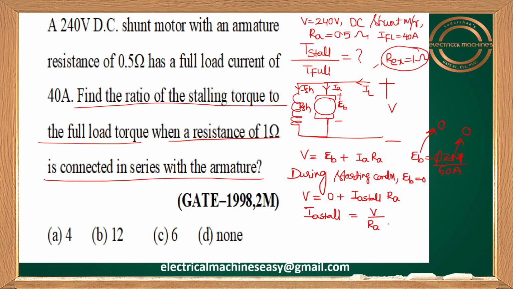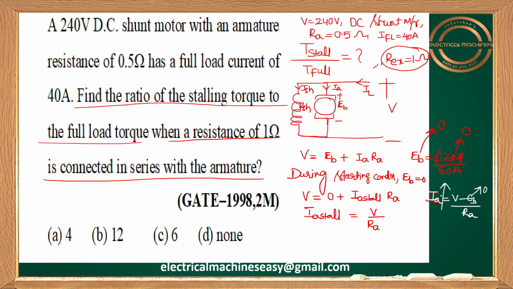One thing you have to understand here. Generally, the formula for IA is IA equals V minus EB by RA. So whenever back EMF becomes 0, this IA value is very, very large.